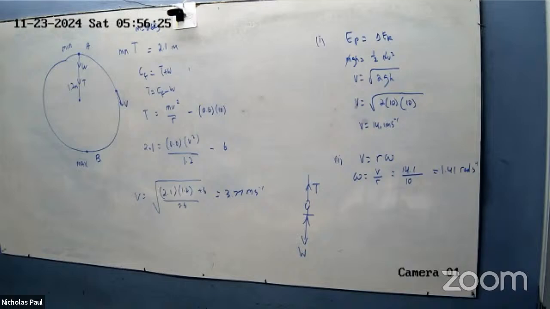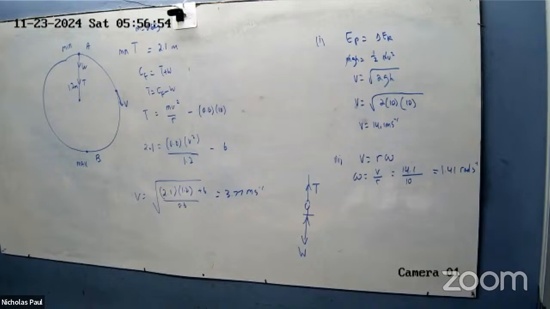So what you got? The answer is seven. I would just say 14.14 squared over 10.